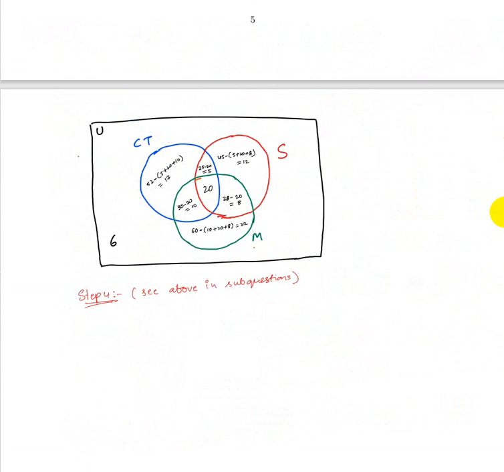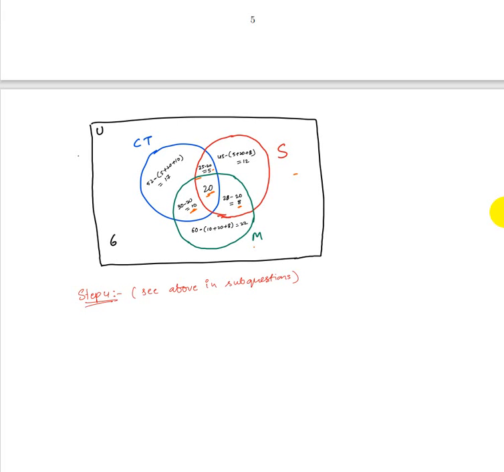So if 20 is there in this, then 10 is left for the intersection part of CT and M only. Similarly, we are having 5 for CT and S, and for statistics and mathematics we are having 8.